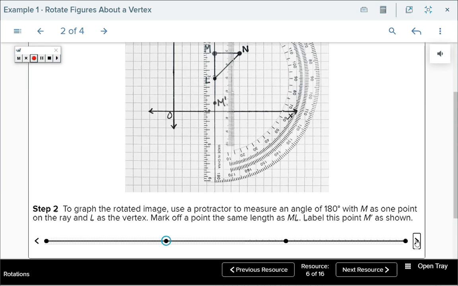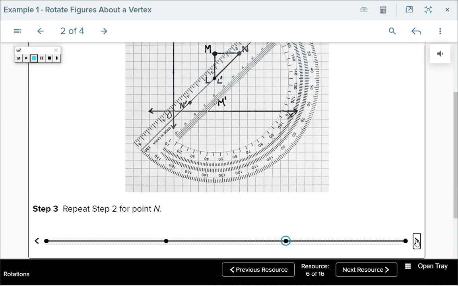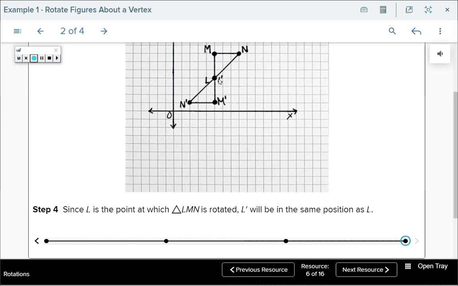Now, you can use a protractor, but I don't think you need to. That's rotated just like that, so we can tell that this is the same shape. Remember, L prime is going to be the same as L. Why? Because it's the center of rotation.